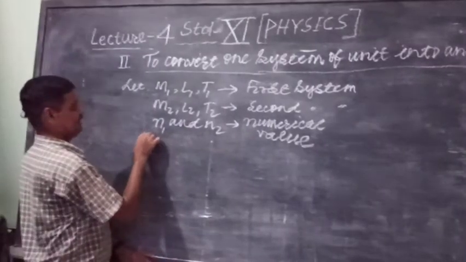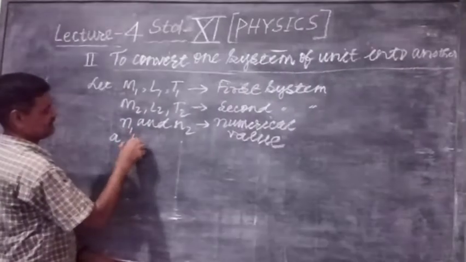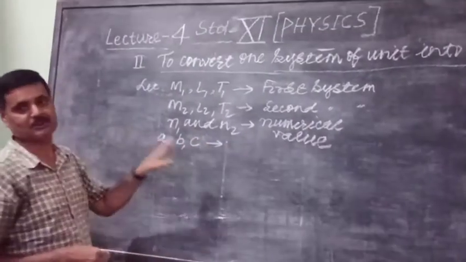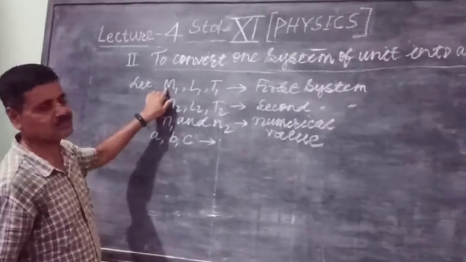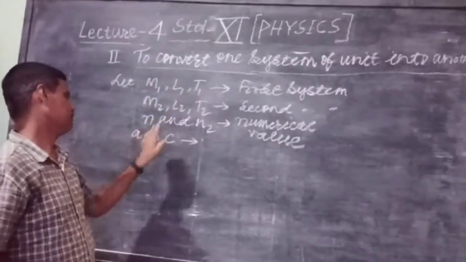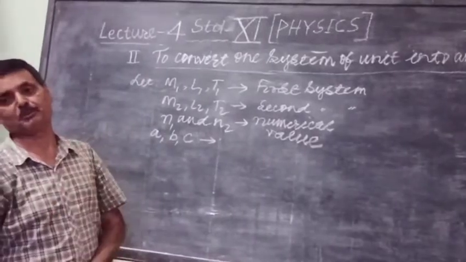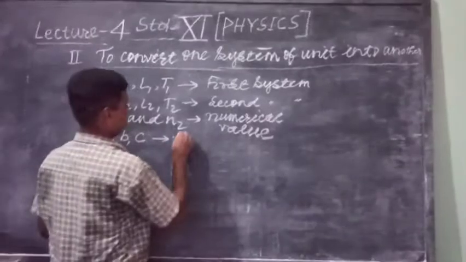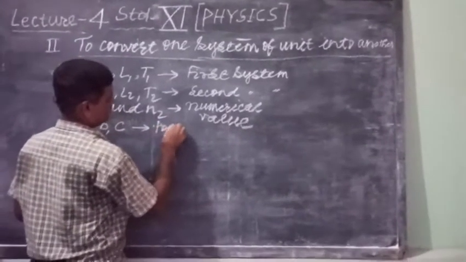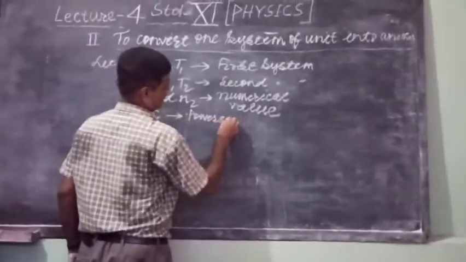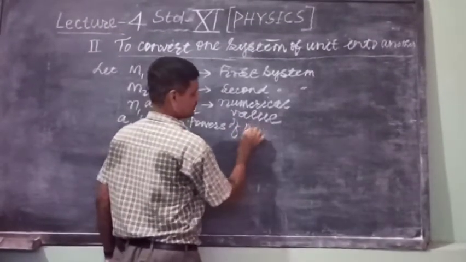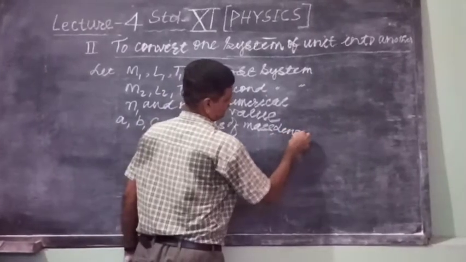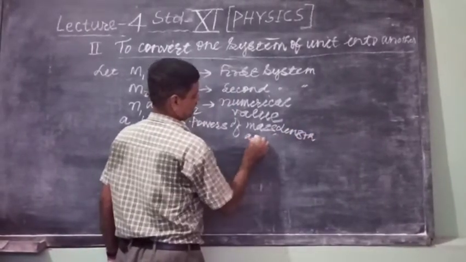But a, b, c is the common term. It represents the power of mass, length and time for both systems of unit. a, b, c represents the power of mass, length and time.